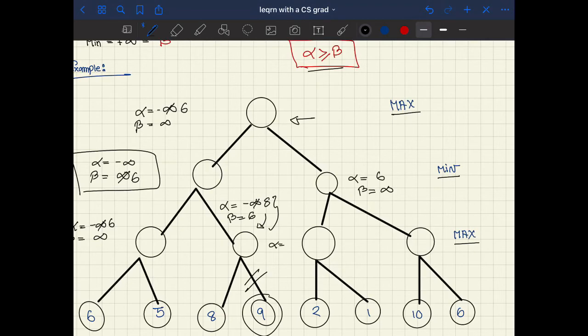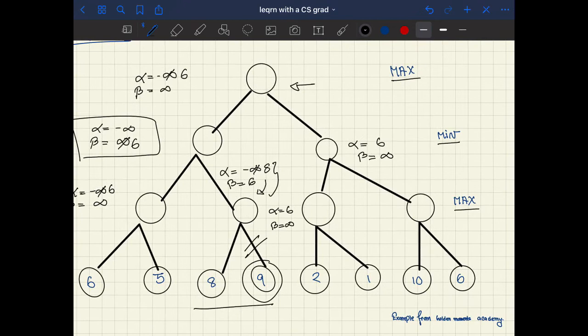As I said before, the value flows down, so alpha would be 6 and beta would be infinity. Similarly here, alpha is 6, beta is infinity, and the task at this level is to find the max value. 2 is not greater than 6 and 1 is not greater than 6, so nothing changes, and this value goes up. Here we're going to find the minimum value, so what is better, positive infinity or 6? 6 is better, so we update this value, and this is what happens.